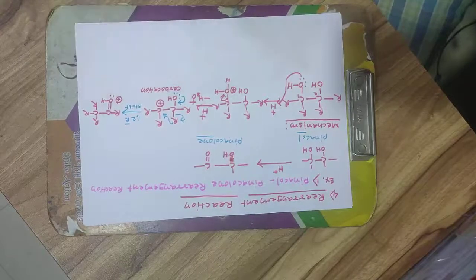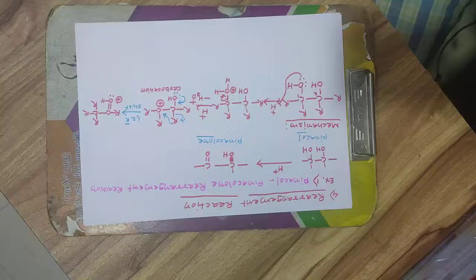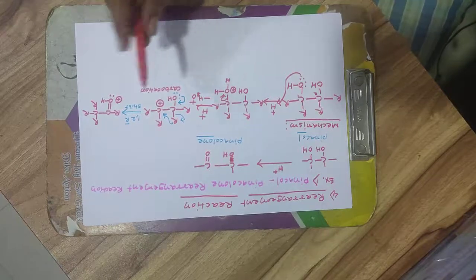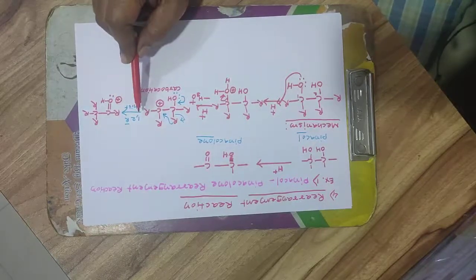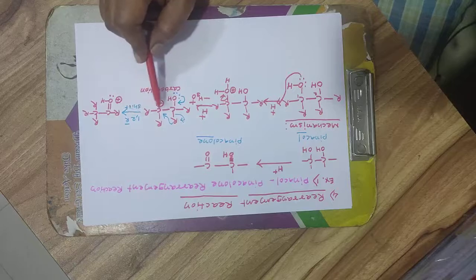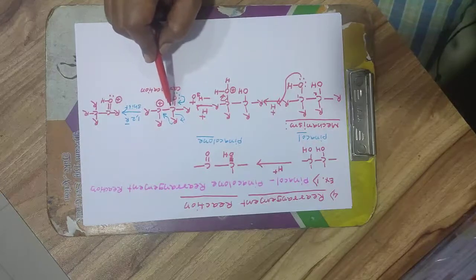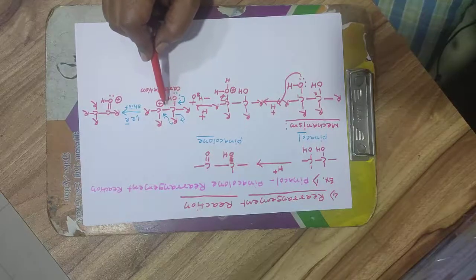So in this way, there is a reshuffling of the carbon skeleton, or shifting of an atom or element from one position to another position takes place. In this shift, there is a shifting of R from the 1 and 2 positions. Suppose here is 1 and here is 2.